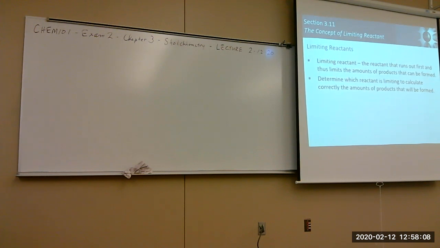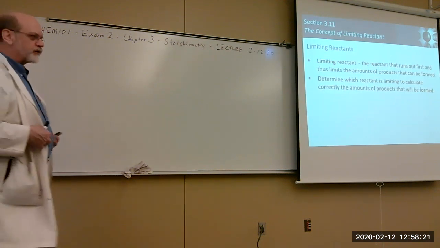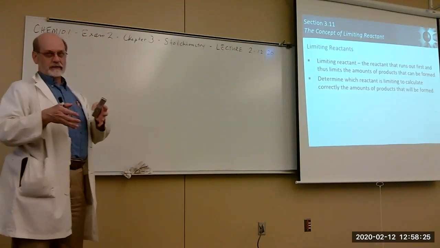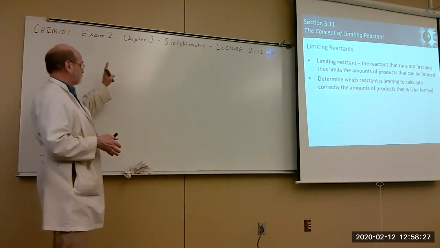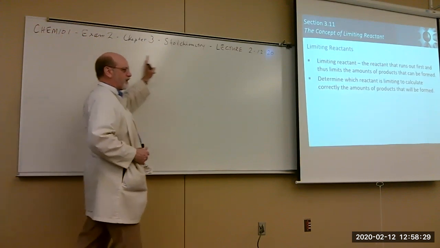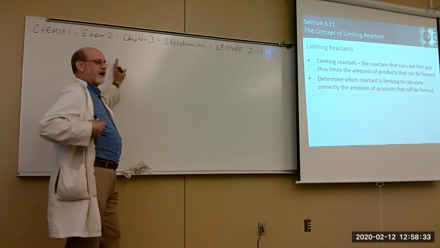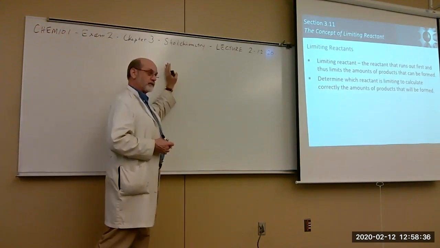So the concept of limiting reactant is just coming to grips with reality. Up to this point, when we balanced an equation, we were assuming exact, what we call stoichiometric ratios. That is, when we say 1 P4 and 5 O2s, that's exactly 1 mole of P4 reacts with exactly 5 moles of O2.